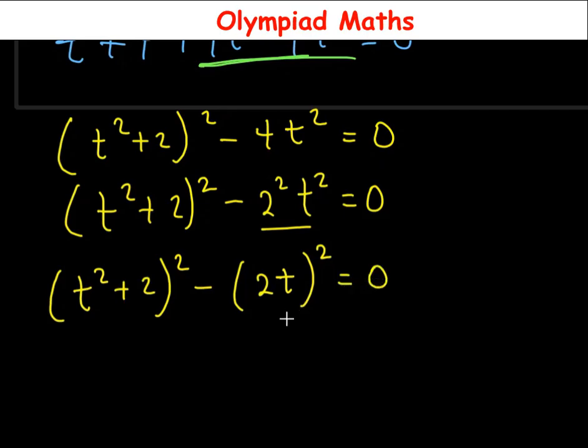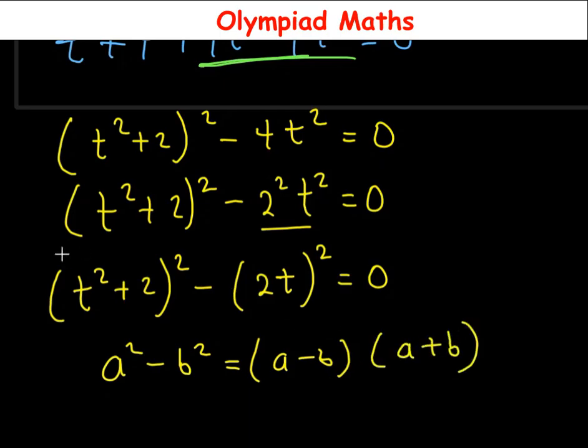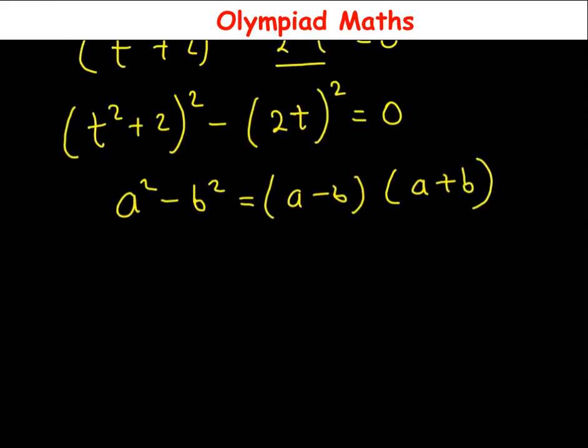So from here, if you look at this, what you have is difference of two squares. And if you have a squared minus b squared, this is equal to a minus b multiplied by a plus b. Okay, so at this junction, what we have is the value of a is equal to t squared plus 2, while the value of b is equal to 2t.